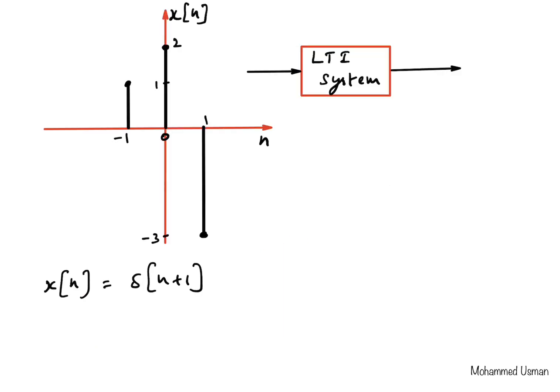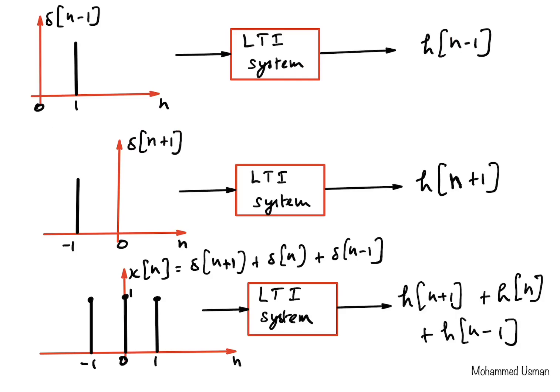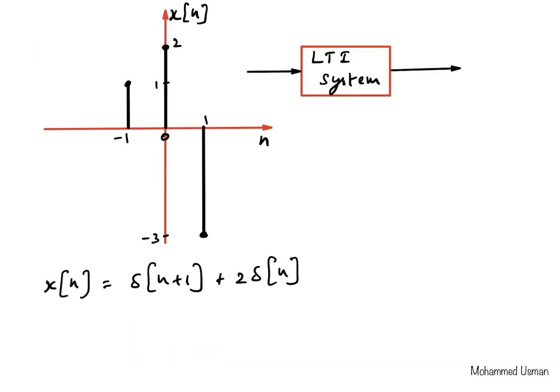Delta of n has got multiplied with 2, so that's plus 2 times delta of n, and delta of n minus 1 is multiplied with minus 3, so we get minus 3 times delta of n minus 1.